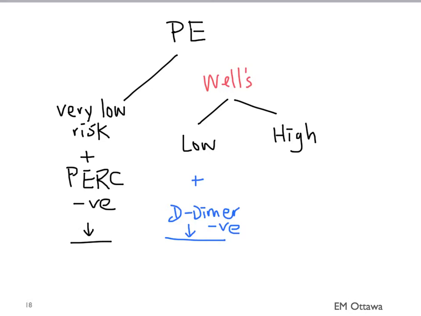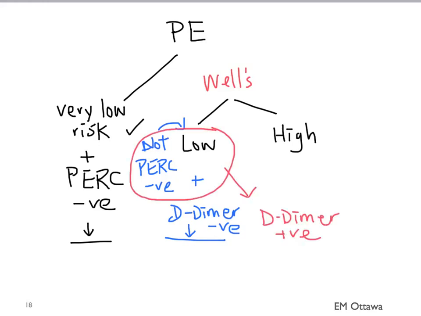If it is negative, our workup stops here. We also mentioned here the very low risk patient who is not PERC negative. They usually get lumped in with the low risk group by the Wells criteria. For the patients who are low risk, if their D-dimer is positive, we will go on to do imaging. In the high risk patient, we do not use a D-dimer to reassure us. We often go straight to imaging.